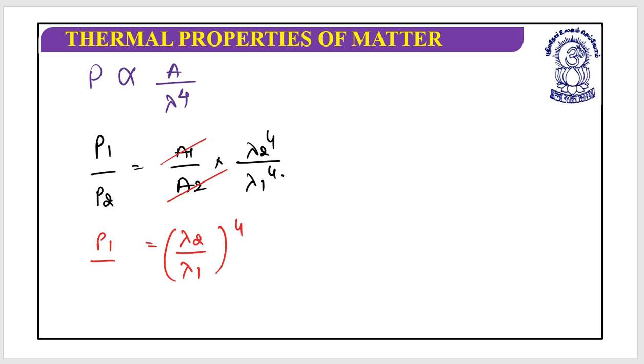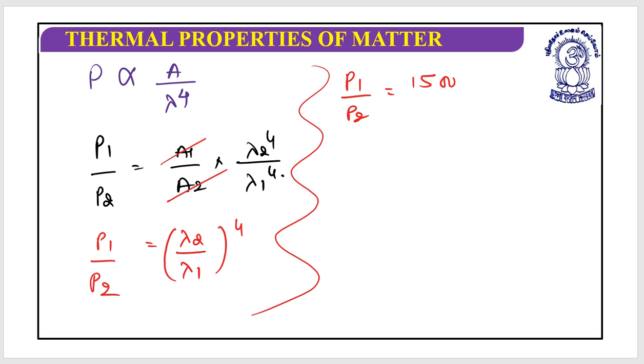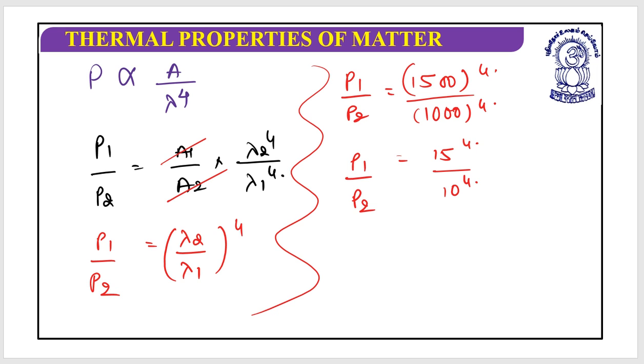Replacing with the values, P1 is to P2 equals 1500 to the power 4 by 1000 to the power 4, with 10 to the power minus 10 gone. So this is basically 15 to the power 4 divided by 10 to the power 4. This is the ratio of P1 is to P2.